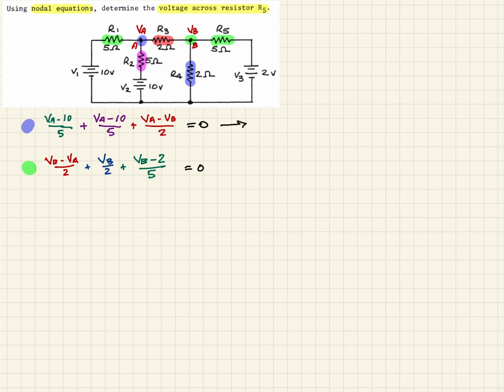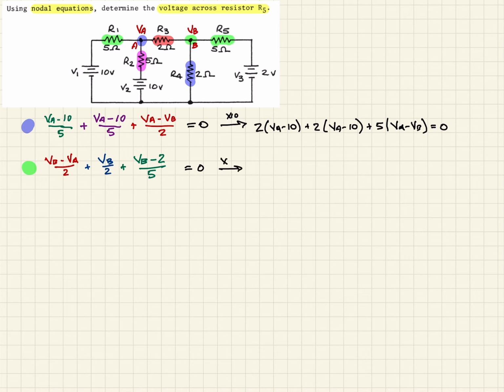So multiplying by 10, it'll be 2 times (VA minus 10) plus 2 times (VA minus 10), plus 5 times (VA minus VB), and that's all equal to 0.